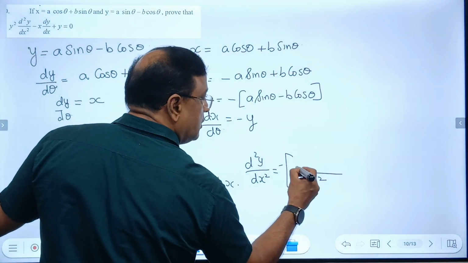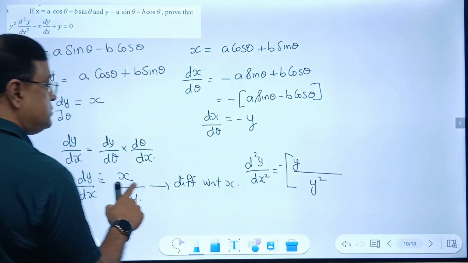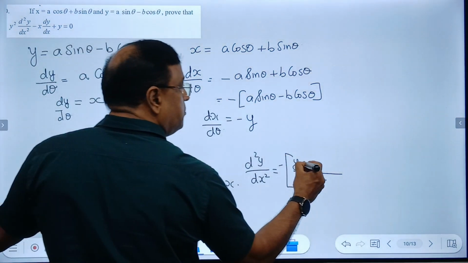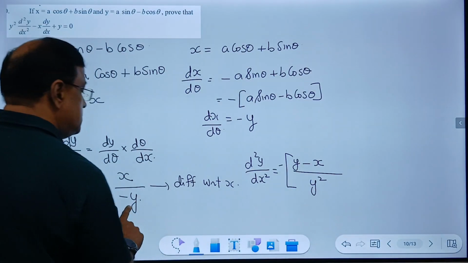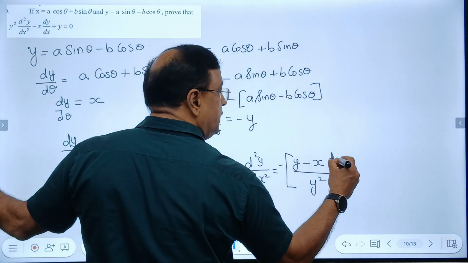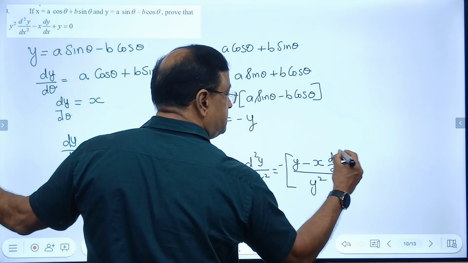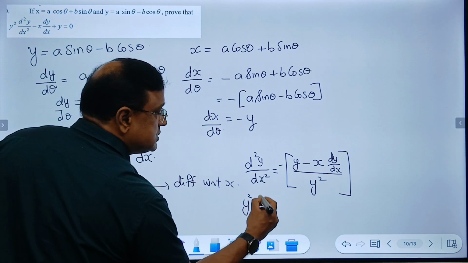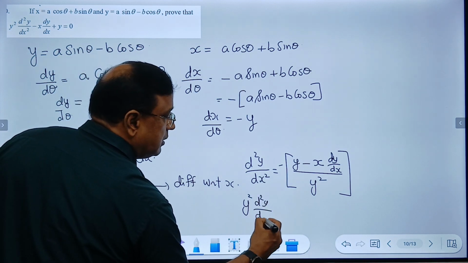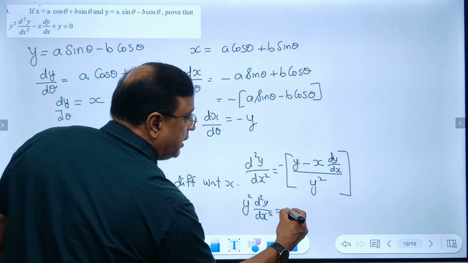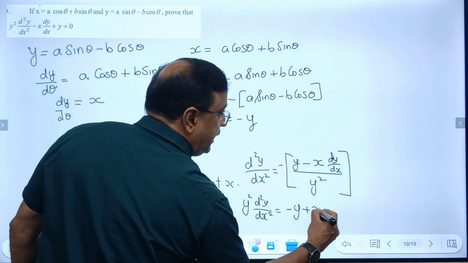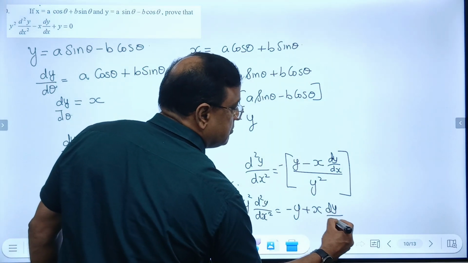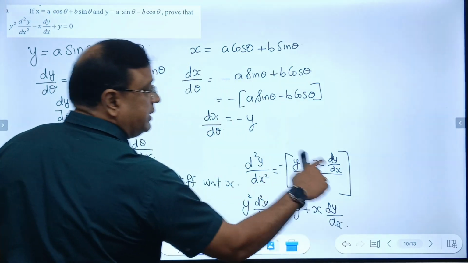Y into differentiation of x is 1, minus x into, what is differentiation of y? Differentiation of y is dy by dx. Now you cross multiply. Y square d square y by dx square equal to minus y plus x into dy by dx. I am opening the bracket with the minus sign.